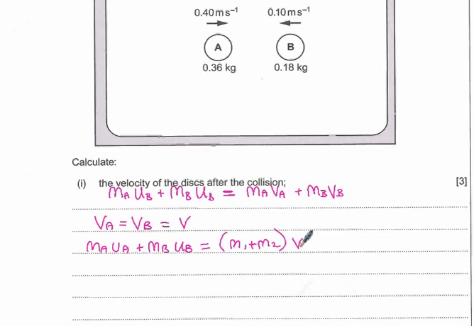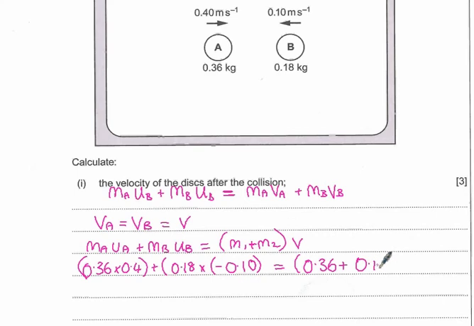And we'll put the numbers in here. So we've got 0.36 travelling at 0.4. Mass of B is 0.18 kilograms, travelling at minus 0.10 meters a second, and that is equal to the sum of the masses, so 0.36 and 0.18, times the velocity, the unknown velocity, which we're after.